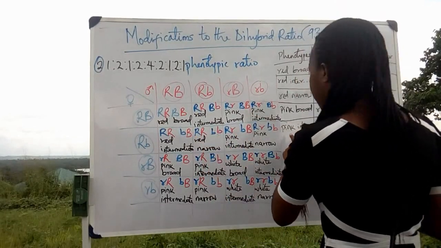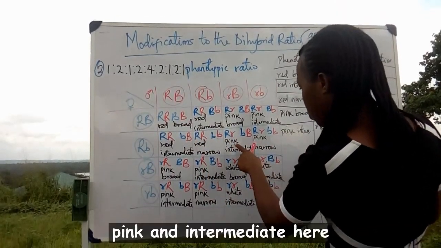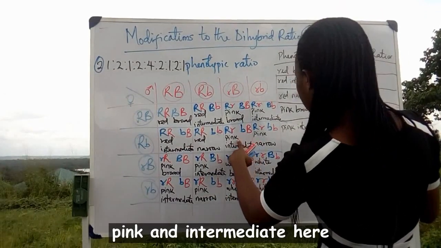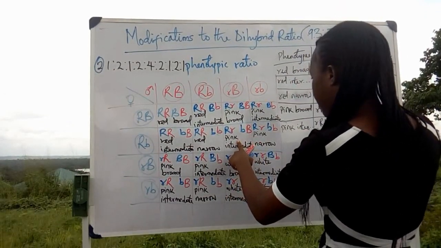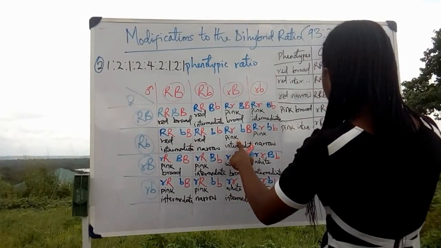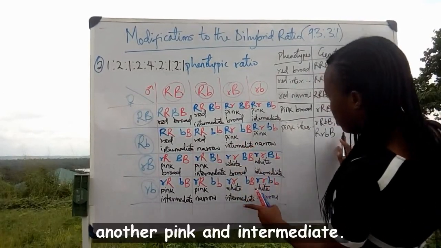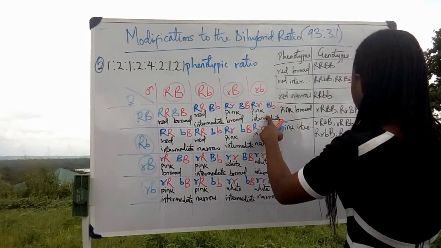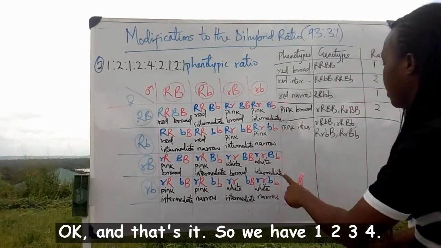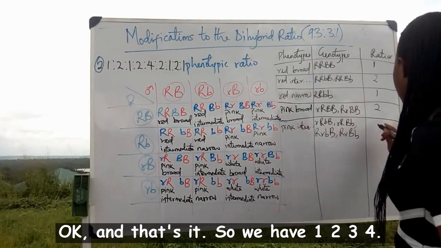We have another pink and intermediate here. Yes. RR BB. So another pink and intermediate. Okay, and that's it. So we have 1, 2, 3, 4.